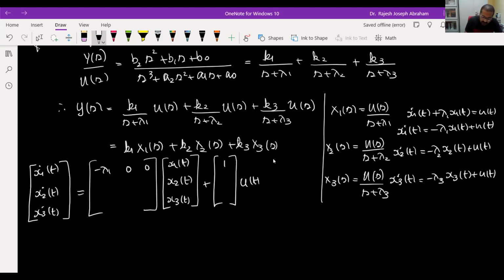Similarly, x2 dot is minus lambda 2 x2 plus U of t, and x3 dot is minus lambda 3 x3 plus 1 into U of t.